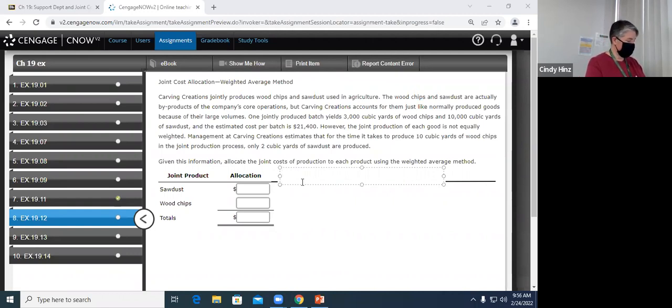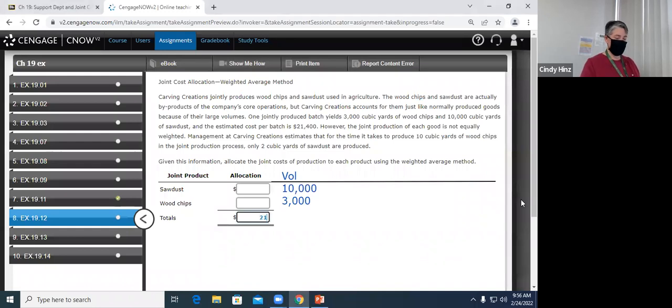So volume, 3,000 cubic yards of wood chips and 10,000 cubic yards of sawdust. Okay. That's how much we're producing. And the estimated cost per batch is $21,400.